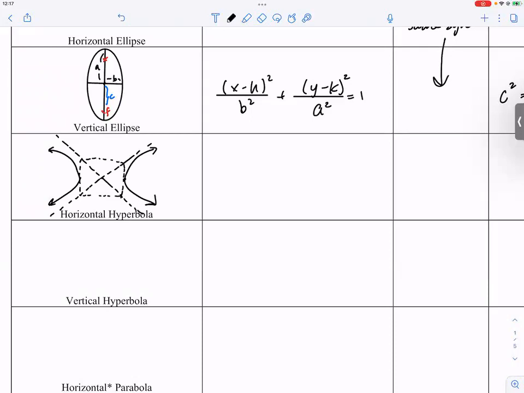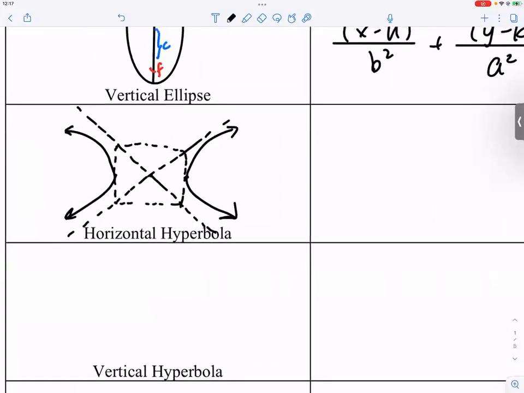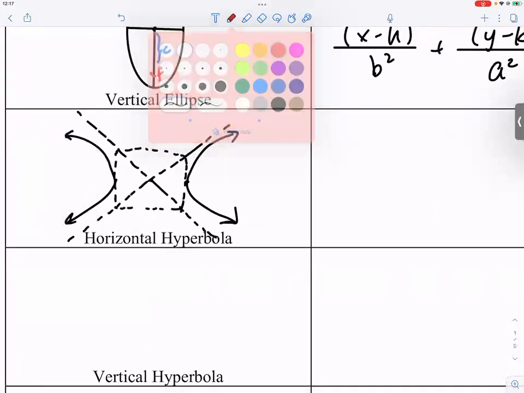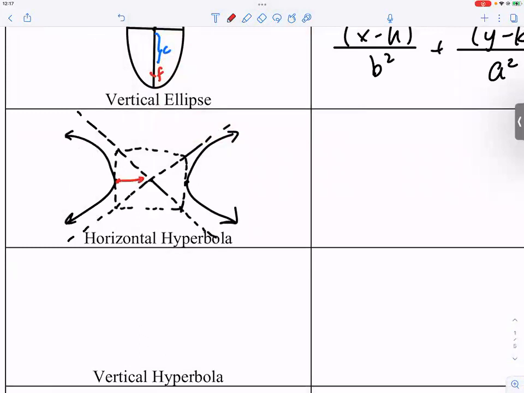And we should also know how to label the A and B. So this is B, okay? And the C, which is the focus, will be here. And therefore, this is your C, okay?